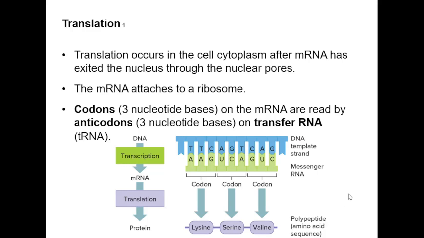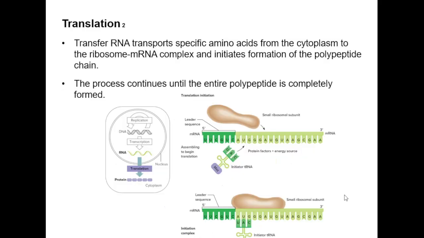So let me show you that image. Again, your tRNA is called transfer RNA because it transports specific amino acids from the cytoplasm towards the ribosome mRNA complex. And this initiates the formation of a polypeptide chain. So again, this is your mRNA, a series of nucleotide base pairs, and this is your tRNA.